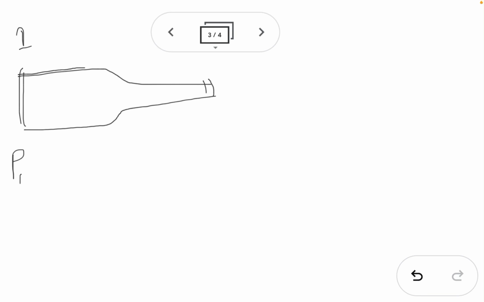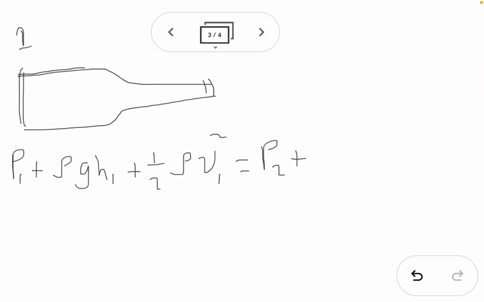So the pressure at point 1 plus the pressure, which seems to be like the gauge pressure, times height 1 plus half rho, which is the density, times the speed at point 1 squared, is equal to P2. Okay, so this is Bernoulli's equation.